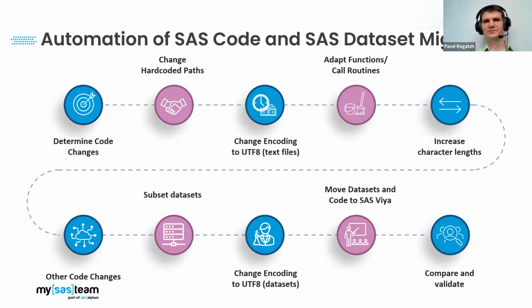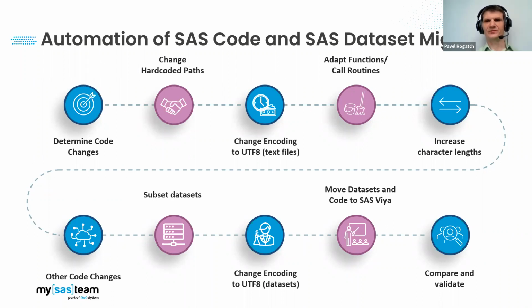Second reason is the company continued using the old platform during the migration process, and the users were constantly changing SAS code and datasets. So we needed a tool to update SAS code files and datasets after we migrated them to a new platform. And another reason is during the migration process, new client-specific requirements for changes in code were arising. So we had to change code again and again as these new requirements arose.